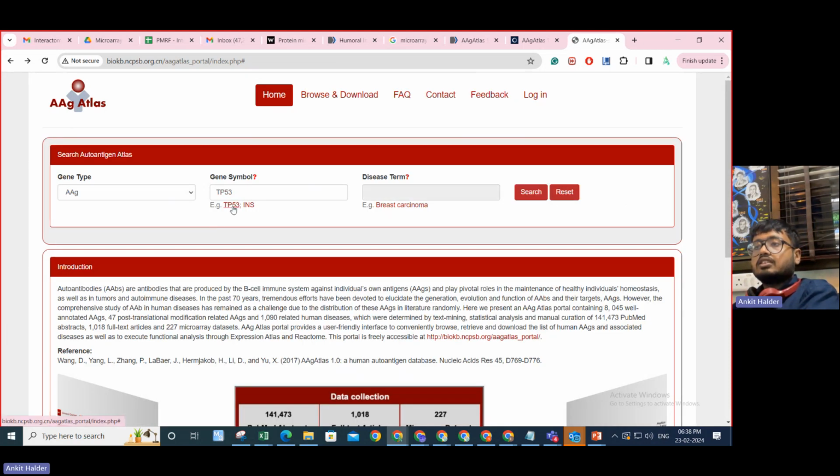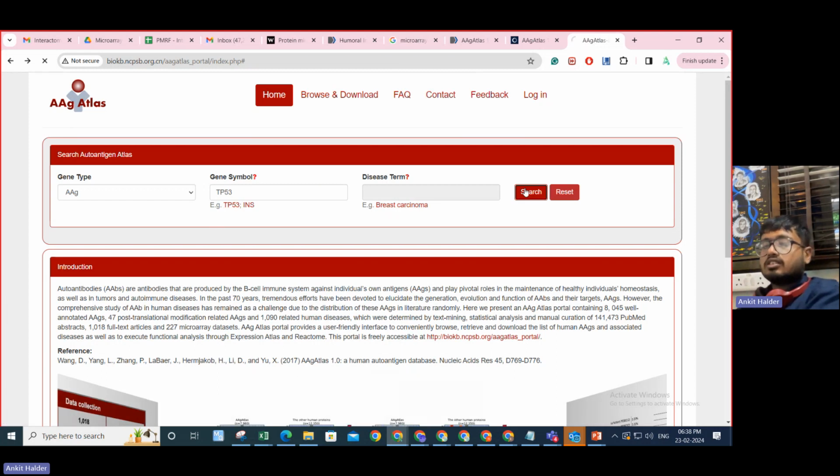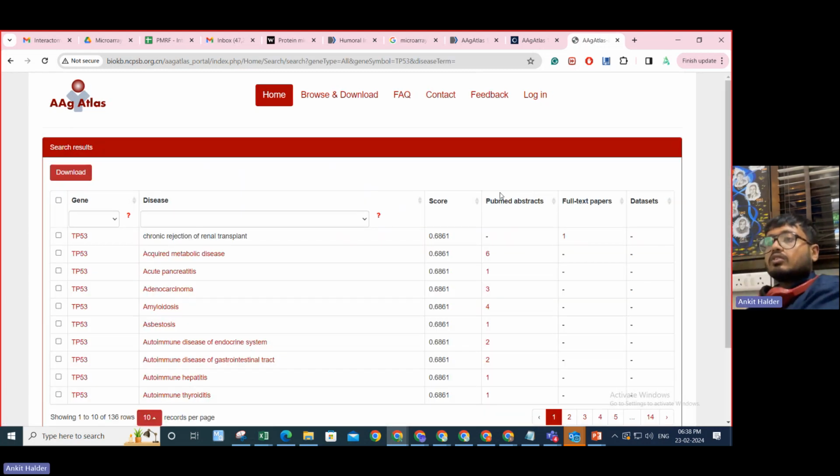So let us try with TP53 and search. So TP53 is associated as an autoantigen in this many diseases, with this many PubMed abstracts, full text papers, the data sets, and the relative scores.